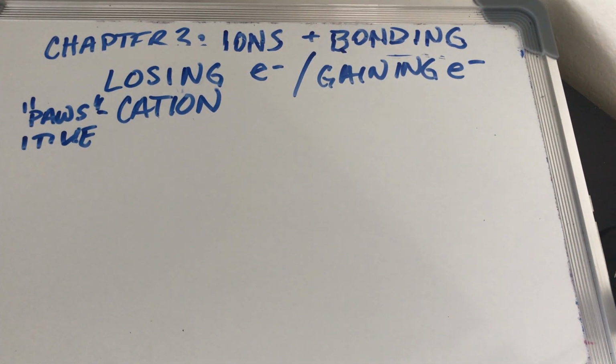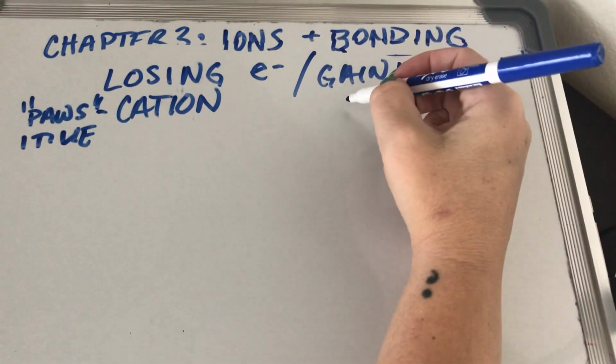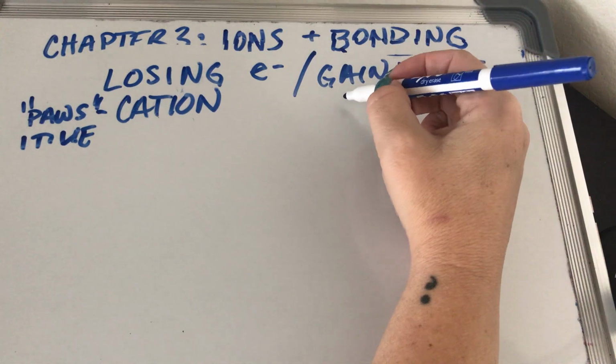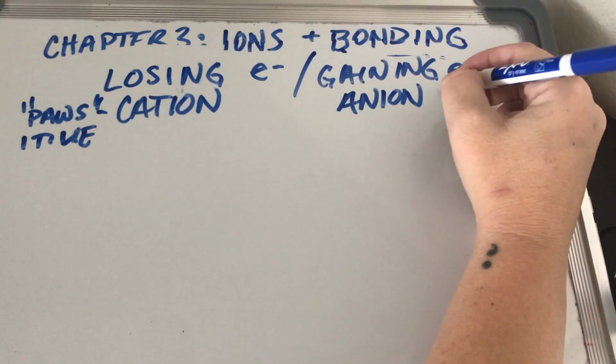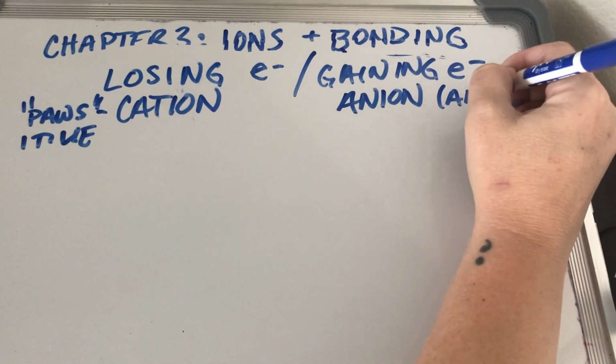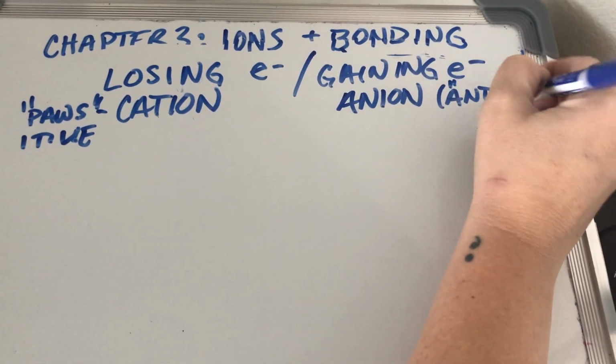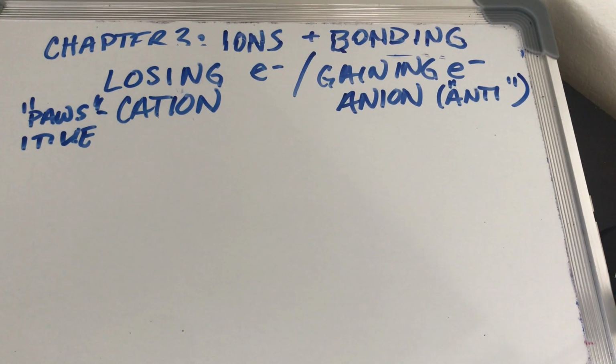If we're gaining electrons, what kind of ion are we forming? Anion. Right? Again, I think anti, as in negative. Okay? Sorry, what's the name for a positively charged ion again?